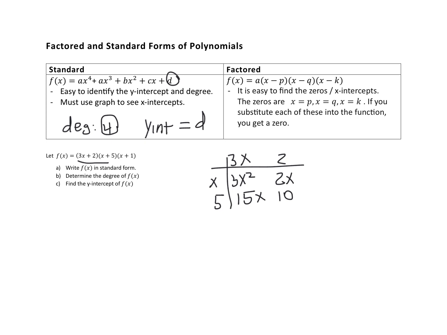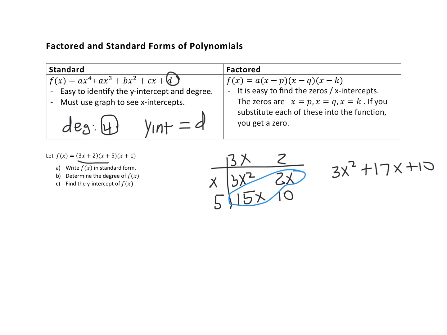And what do I get here? I get 3x squared, and combine the like terms here, that's plus 17x plus 10. Okay, and see, I can always check. So x, 3x squared, 2x, 15x.